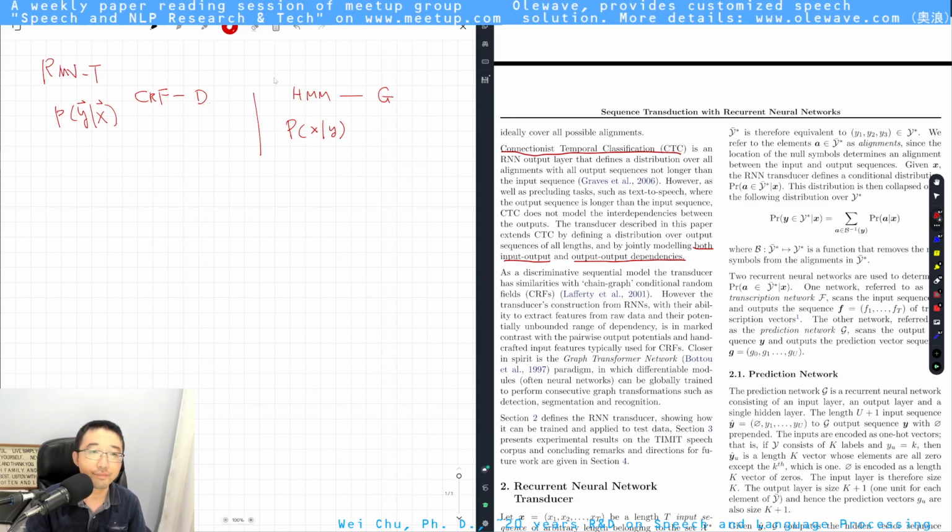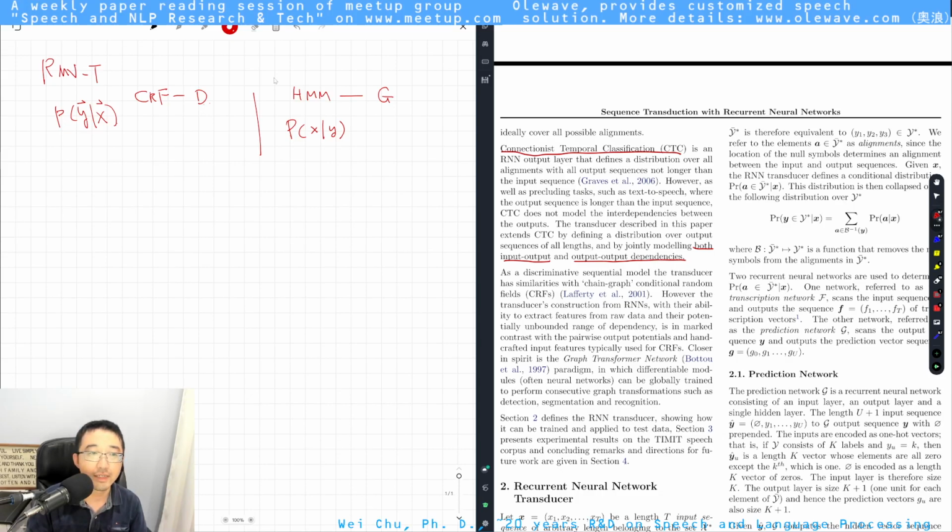I didn't put the vector sign over here, so that means the HMM has a very strong assumption, which is that given the current, the future and the past are independent.